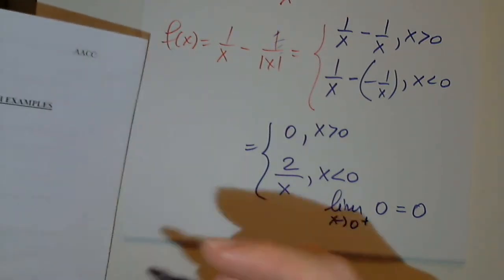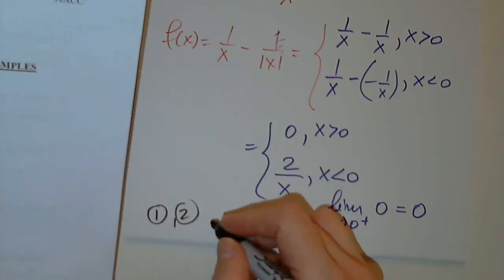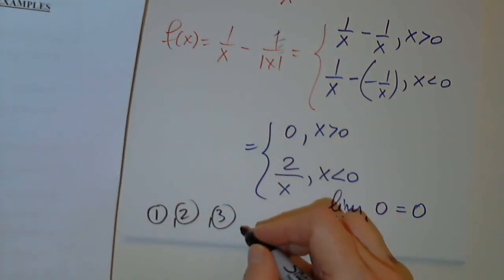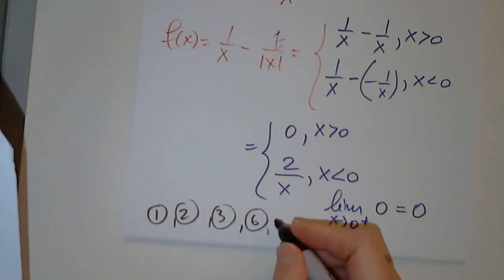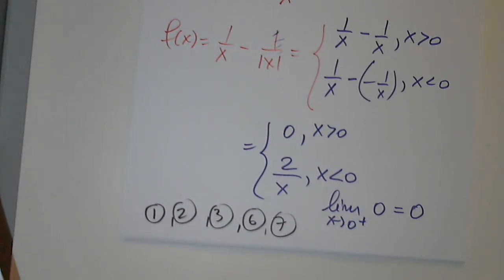So I would like you to work on number 1, again on number 2, on number 3, on number 6, on number 7. I want to work on number 9 together.